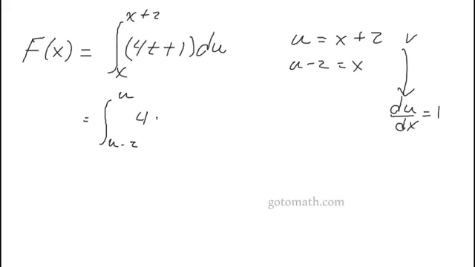But we're still rewriting the same thing inside here for the integrand, dt. But now remember, this is all times the du over dx, which is just a 1 here. It's just a 1.